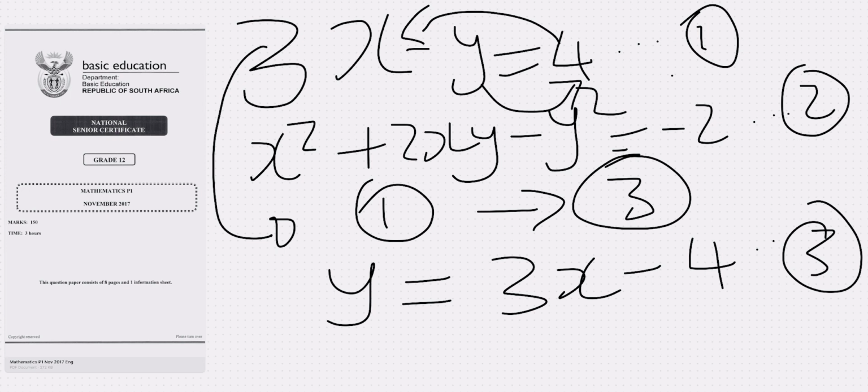Okay. We now have 3 equations. Equation 1, equation 2, and equation 3. So equation 3 can be substituted in place of y in equation 2, because you're trying to solve for x and y concurrently. So the next step will be for you to substitute equation 3 wherever there is y in equation 2.